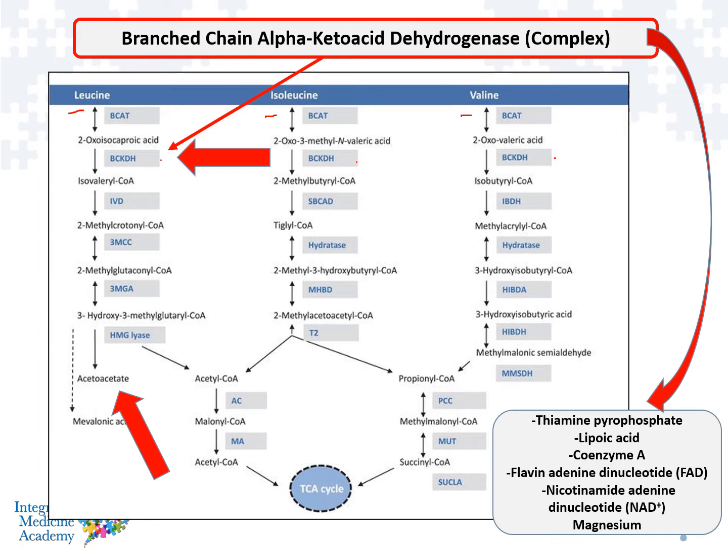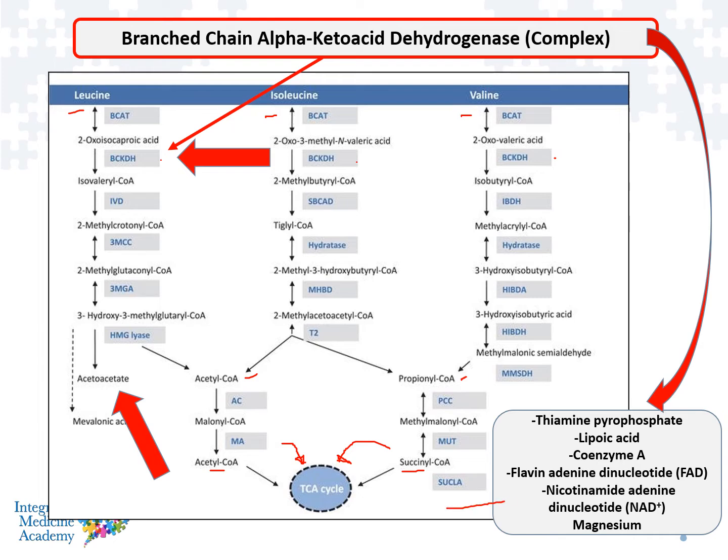And as we follow these down, they will either convert into acetyl coenzyme A or propionyl coenzyme A, which becomes succinyl coenzyme A. And so the acetyl coenzyme A or the succinyl coenzyme A will enter the Krebs cycle. And so this is the entry point mostly for amino acids within the Krebs cycle to produce ATP.